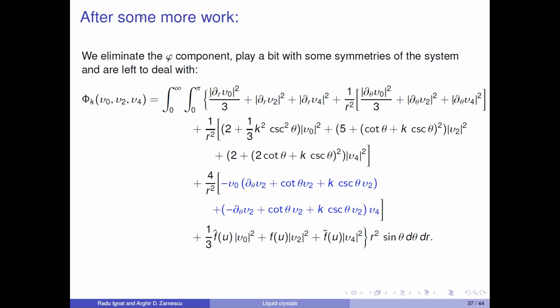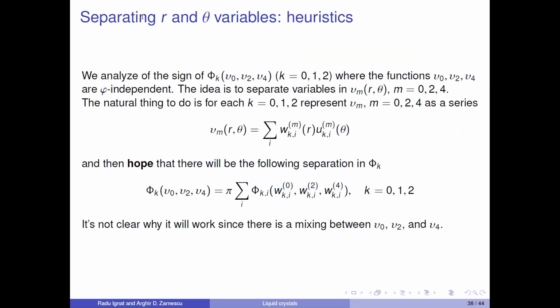Let's say that you manage to get rid of the Fourier modes, you still have this theta variable, this azimuthal angle, and that is really generating couplings that you have to fight with, and there is a serious fight.